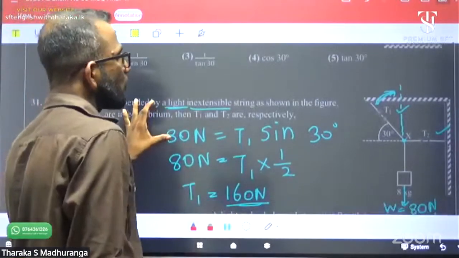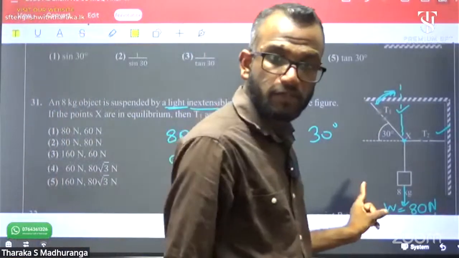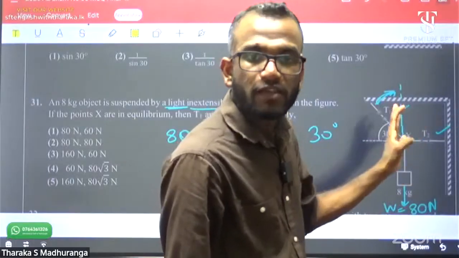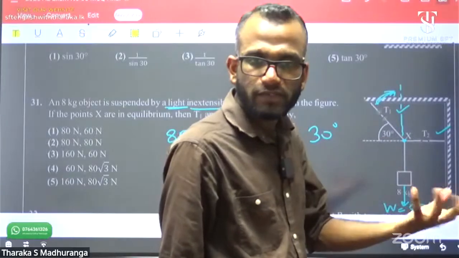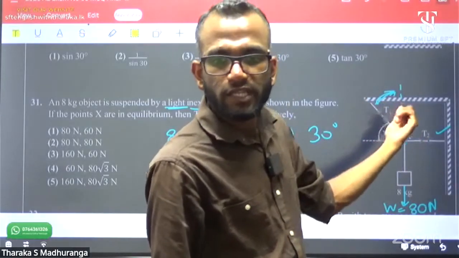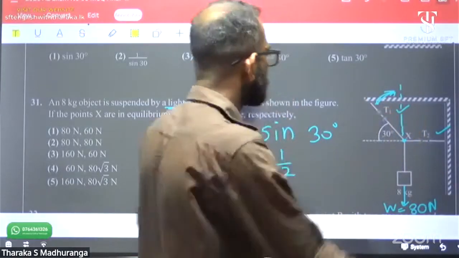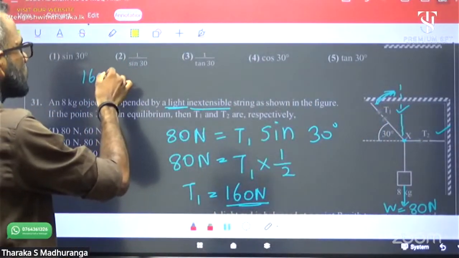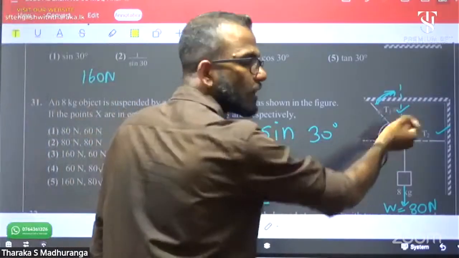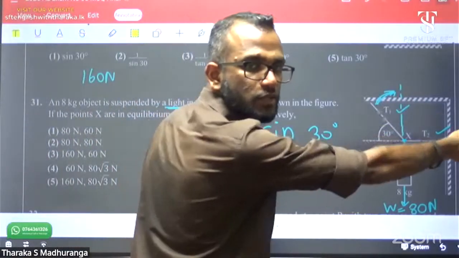Now you already know T1, it is 160 Newton. I said if it is equilibrium, the horizontal axis is also balanced, no resultant force. Then I can resolve T1, 160 Newton, into this direction, and it is equal to T2.